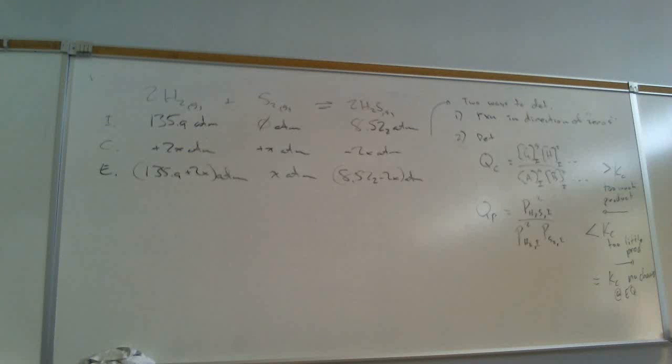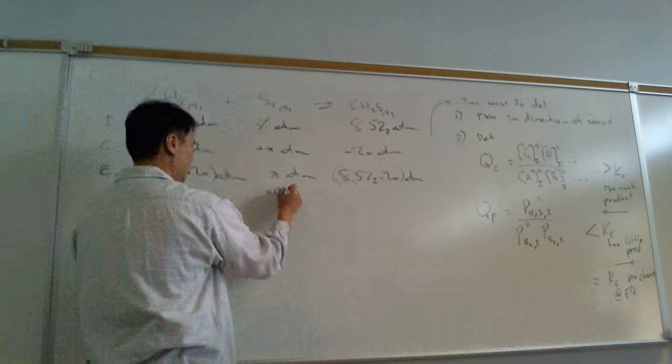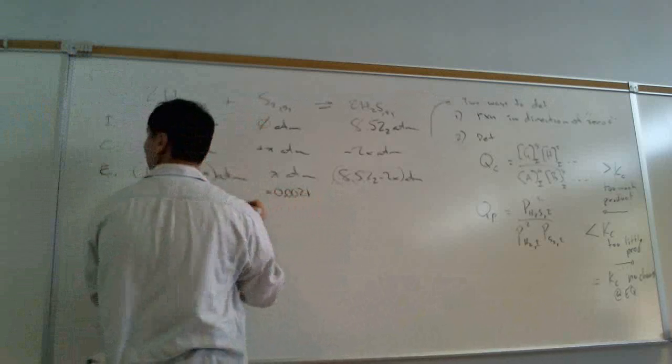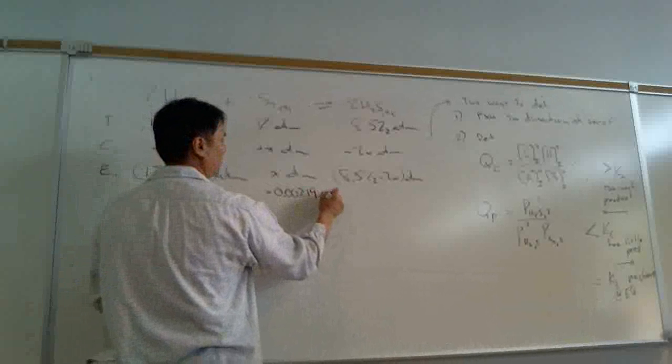For that, I have 8 times 10 to the minus 6, times R, 0.08206, times T, 1670, divided by V, which is 0.5. And so it turns out at equilibrium here, I have 0.002192 atmosphere.